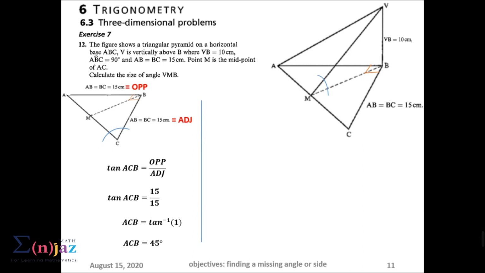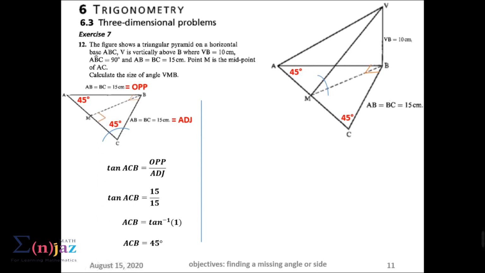Let's have a look at all angles that are equal to 45 degrees. Why? Because the sum of angles in this triangle ABC must be equal to 180 degrees. If angle ABC is 90 and angle ACB is 45, then this one must be 45, because they all add up to 180 degrees.